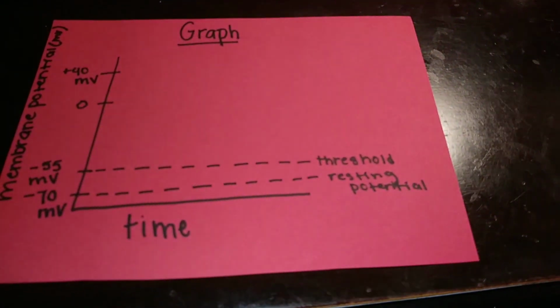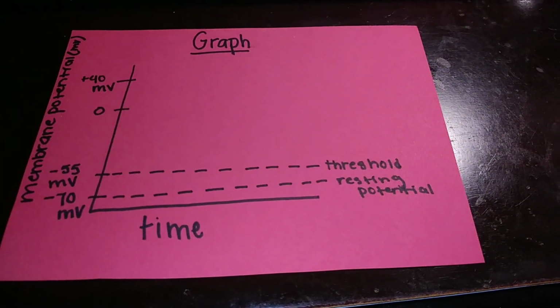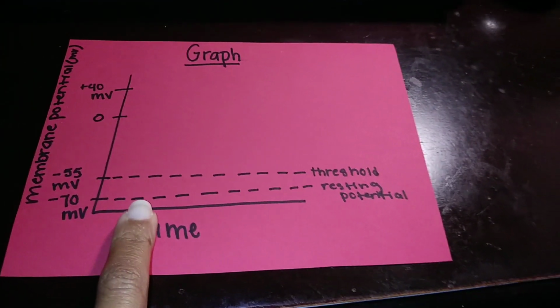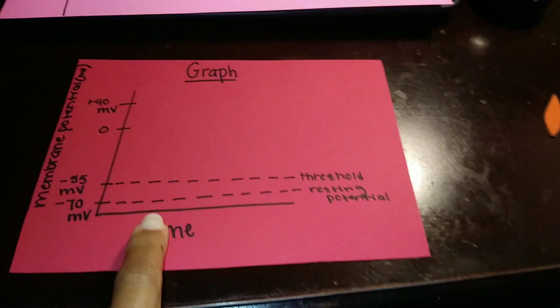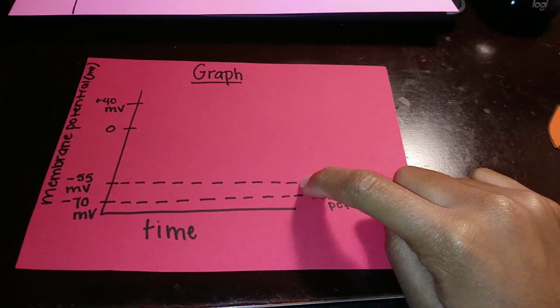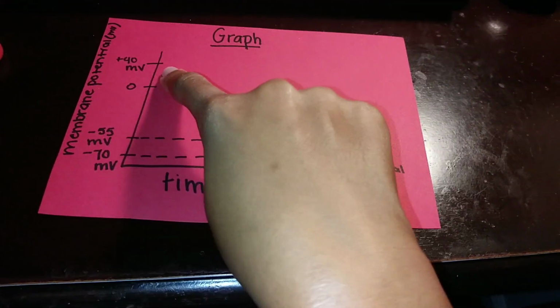Okay, so this is the graph that I was talking about. When you're looking at the graph, this is the resting membrane potential, this is the threshold that the graph will go to, and this is the plus 40 mV that I was talking about.